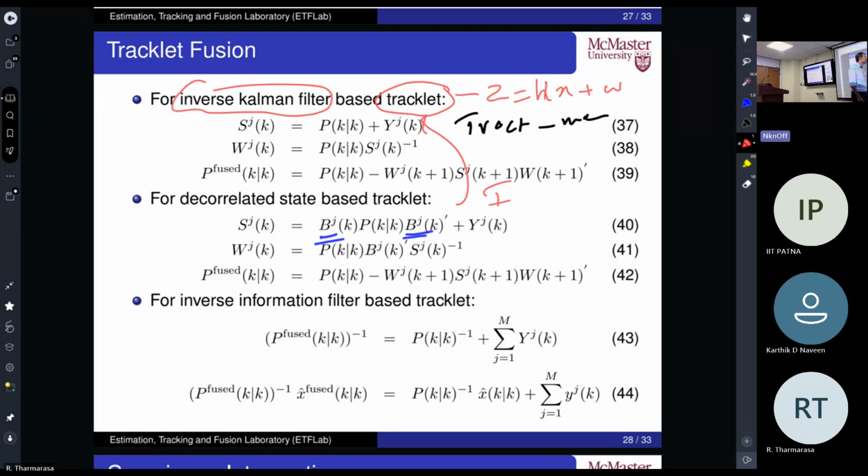As long as you understand that for this inverse Kalman filter, H is I, Z is small y, and capital R is capital Y, then you get it. Okay. And in this case, H is B, you get it. Okay, that's all about the tracklet.